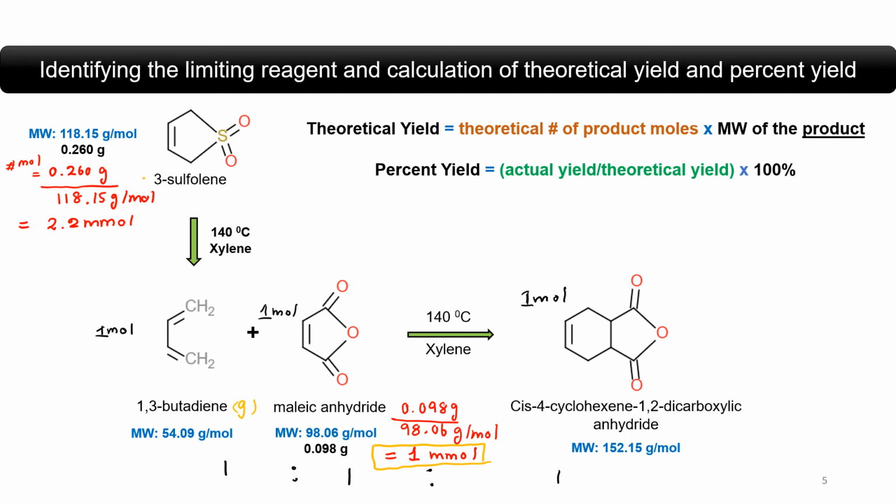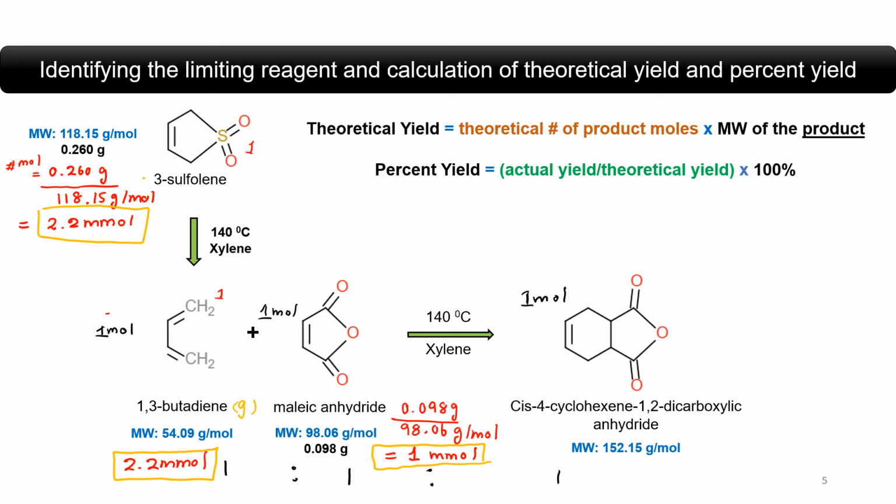So if we have one of these, we can theoretically expect one of these. So if we reacted 2.2 millimoles, we can theoretically expect 2.2 millimoles of 1,3-butadiene to form.